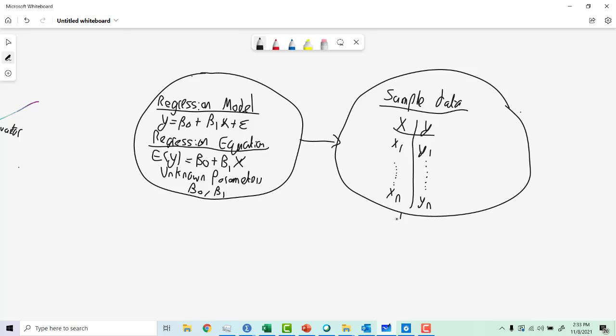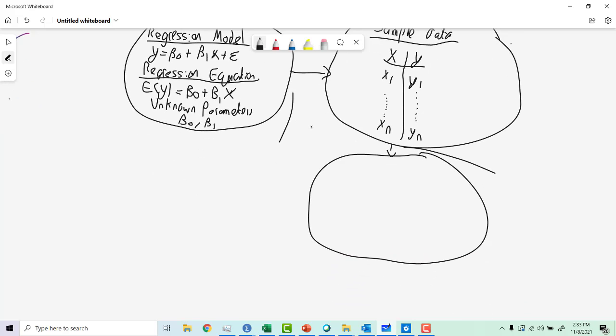And what we're doing now is estimating the regression equation.